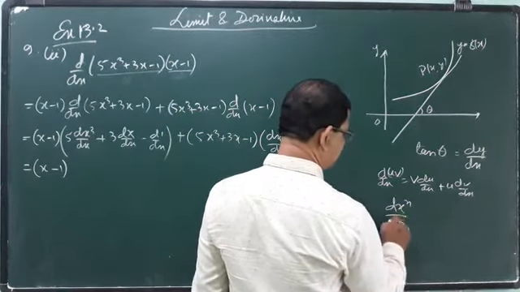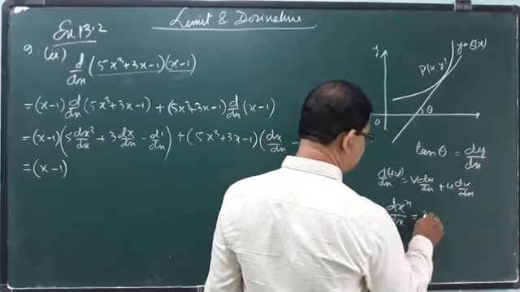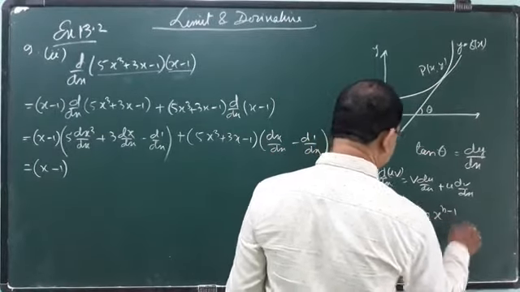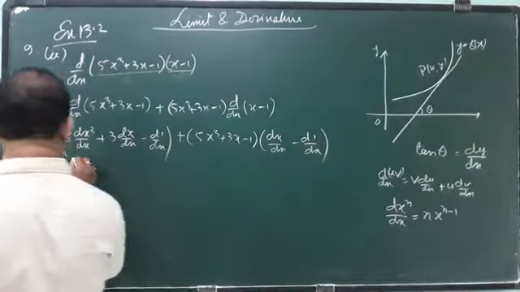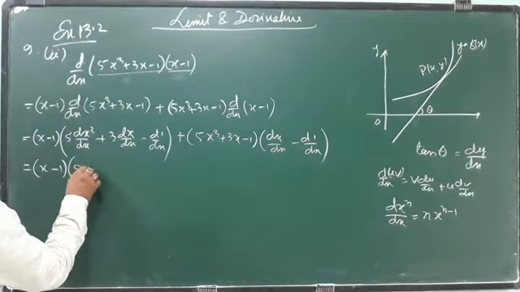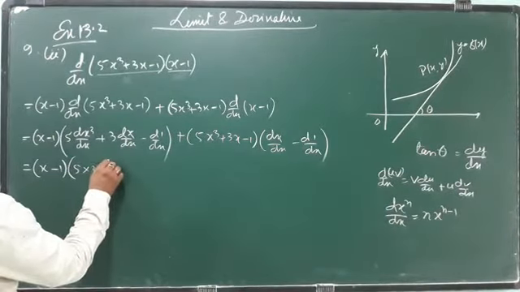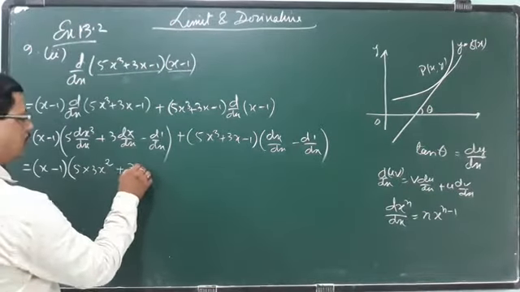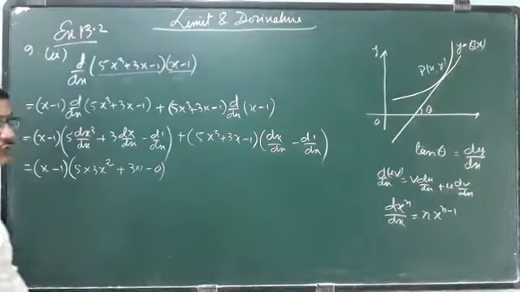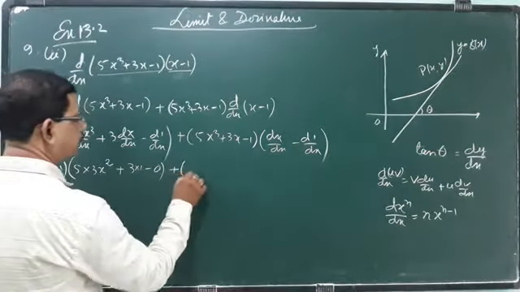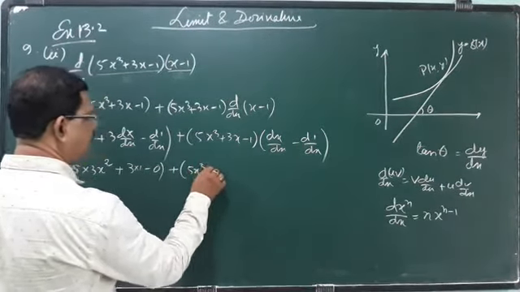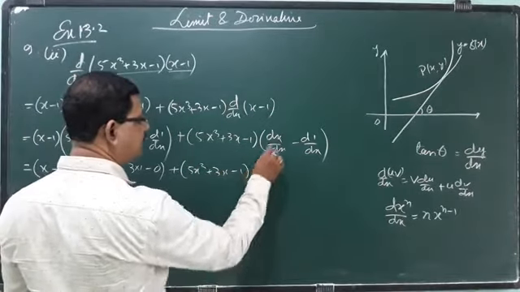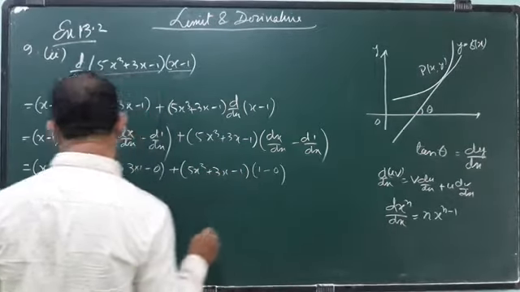Our rule is that derivative of x to the power n with respect to x is n x to the power n minus 1. So automatically it will be 5 into 3 x to the power 3 minus 1, that is 2. d/dx of x is 1 and the constant's differentiation is 0.